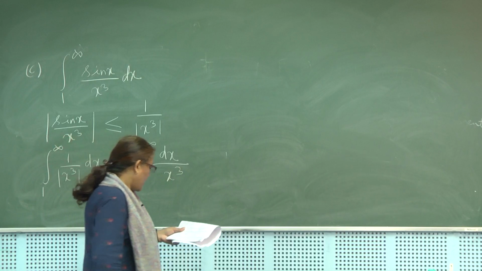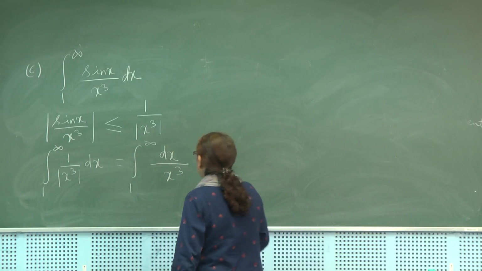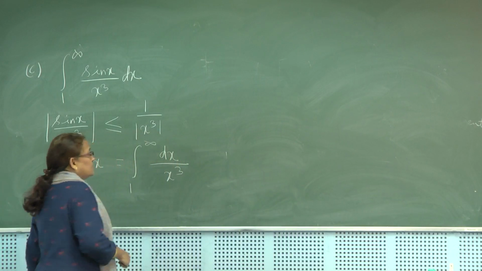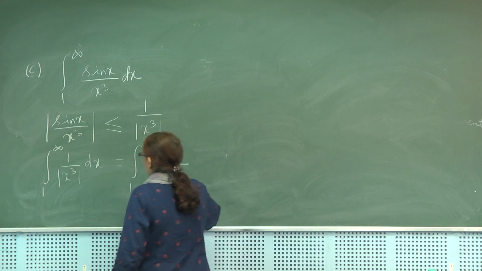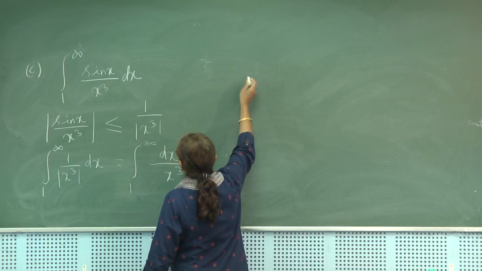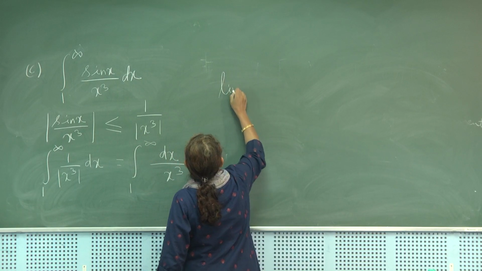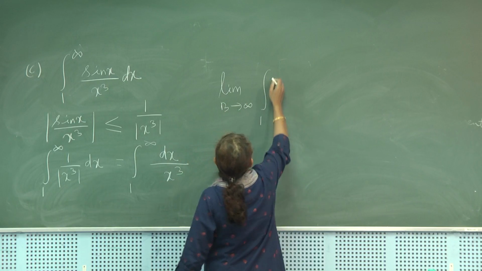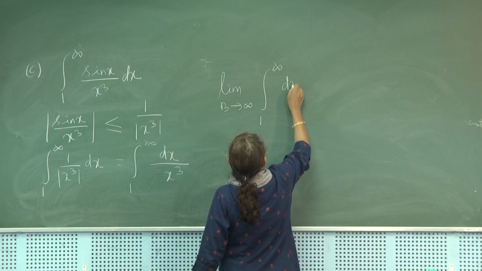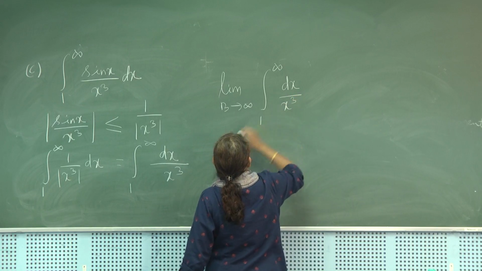Now, again by the direct method you can check that this improper integral is convergent, by considering the limit b goes to infinity of integral 1 to b dx by x cube.